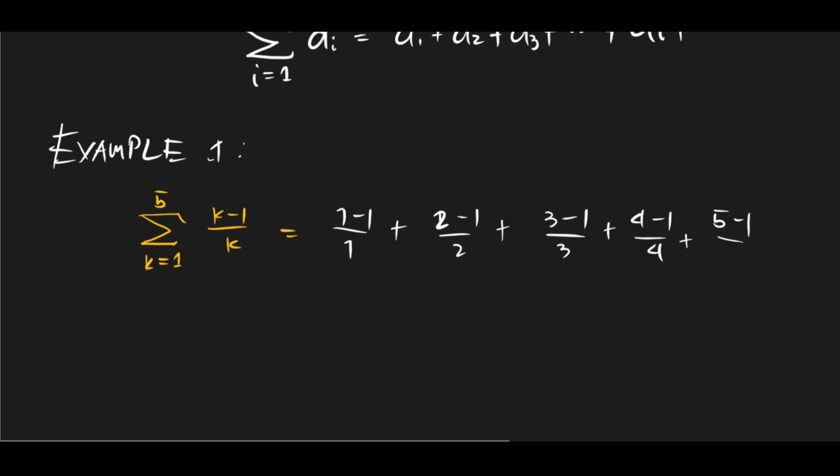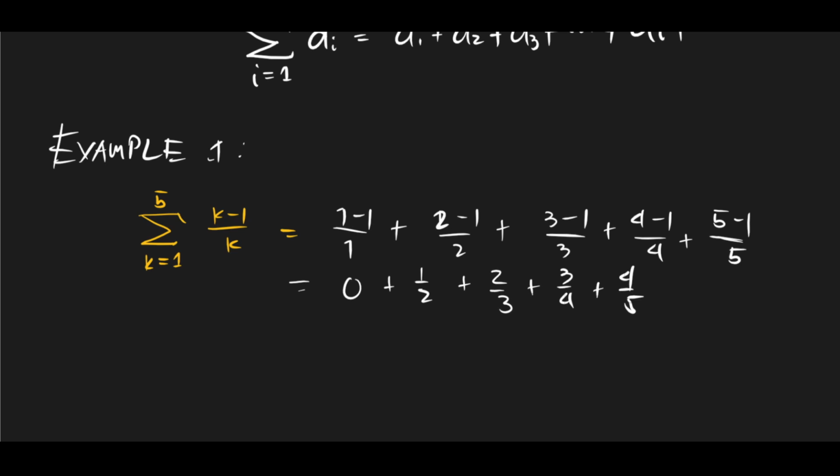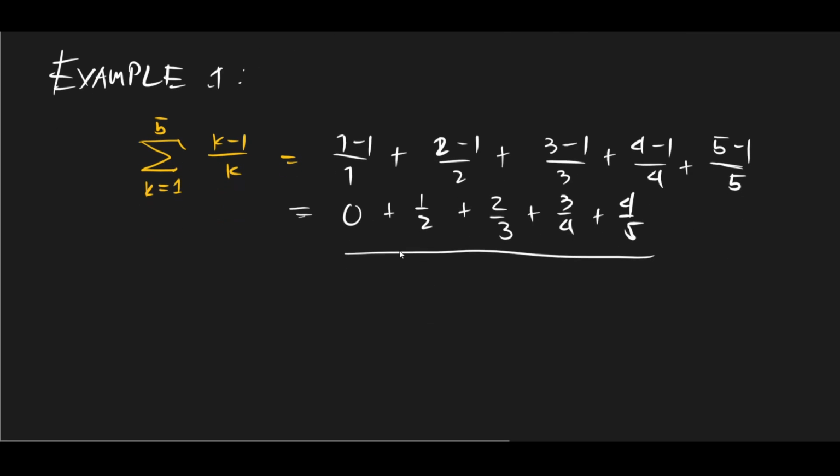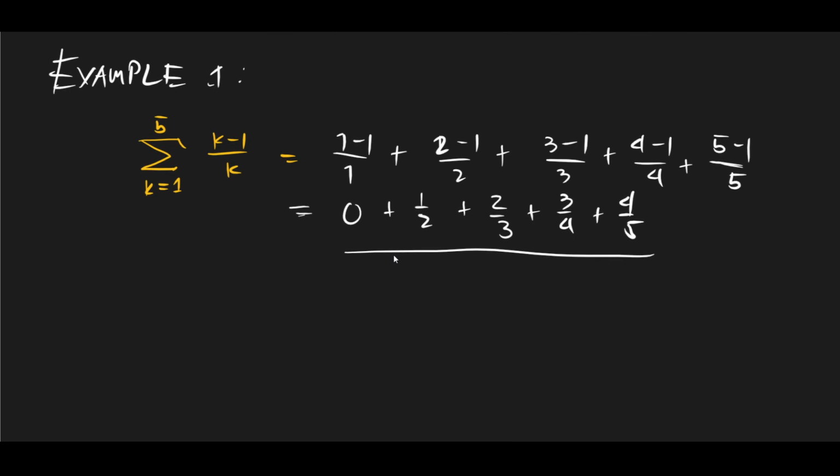So 0 over 1 is 0, then 1 half, then 2 thirds, then 3 over 4, then 4 over 5. You can add that up if you want, but this is basically our series, not in summation notation. On the left is the summation notation.